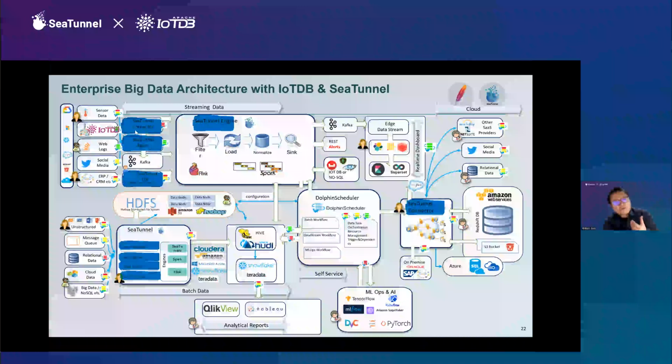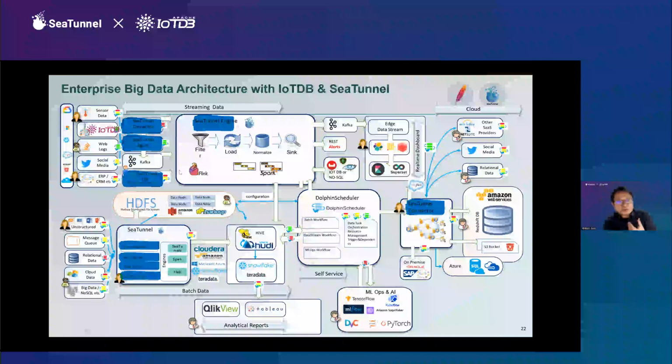And because we have a SeaTunnel connector for IoTDB, we can read the data from IoTDB to Kafka, or from IoTDB to your edge data stream, like Doris, StarRocks, or ClickHouse, or something like that. You can just do some analysis in real time.